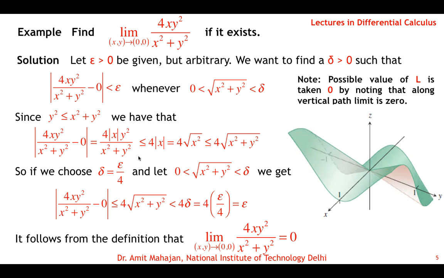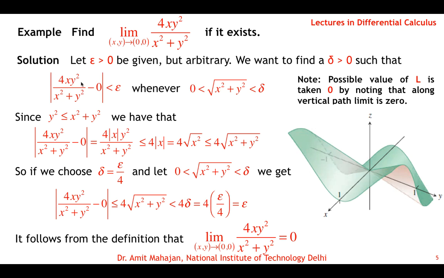So as I said earlier, we can also solve using polar coordinates. In this case, if you use x equal to r cos theta and y equal to r sin theta, then this will be like r less than delta. Here, if you put x as r cos theta and y as r sin theta, the denominator will be r square. So this whole quantity will reduce to 4 times r times modulus of cos theta sine square theta.